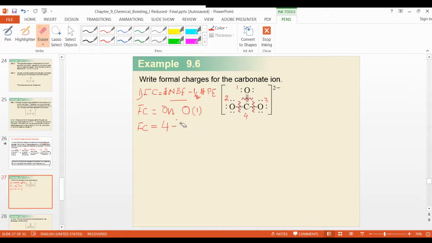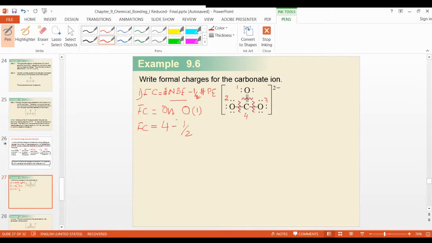Shouldn't we find the total valence electrons first, or does it not matter? Total valence? I don't understand. No, that is different, I told you.